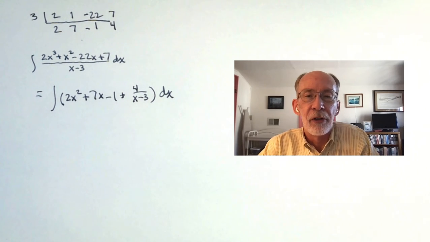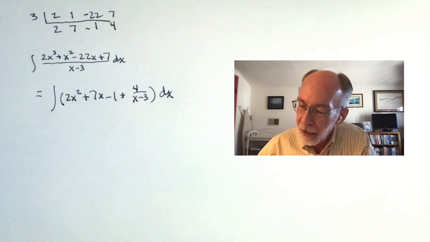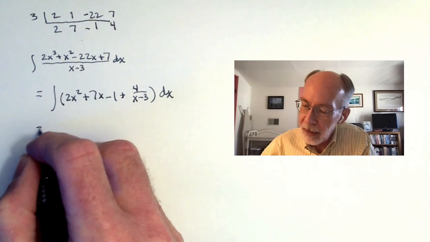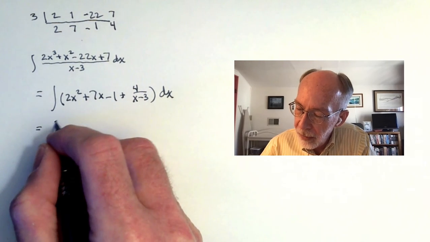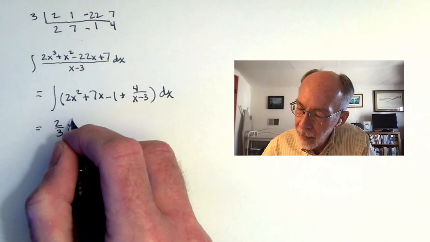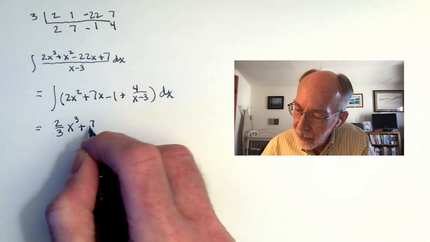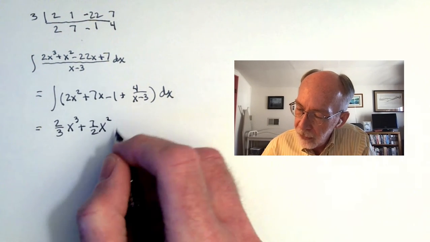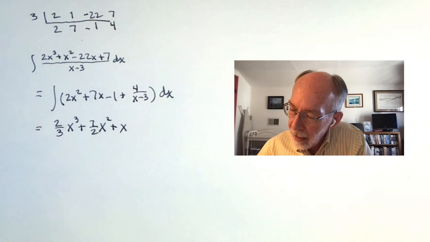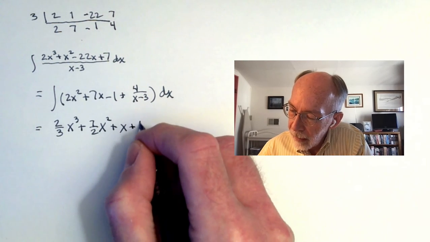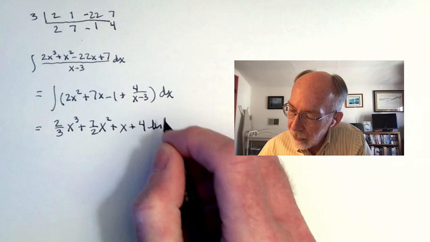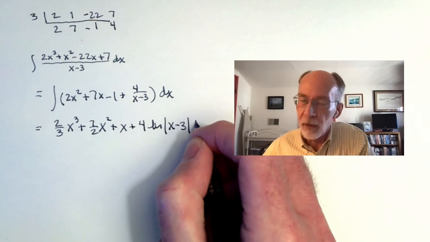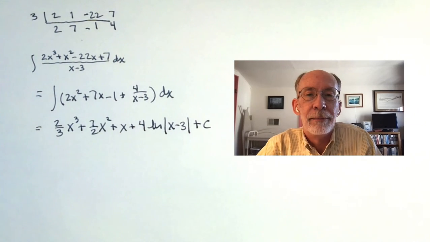There's no chain rule because there's nothing multiplied by the x. So I can go ahead and integrate term by term. This is 2/3 x cubed. This is 7/2 x squared. This is x. This is 4 ln absolute x minus 3, and of course we need a constant of integration.